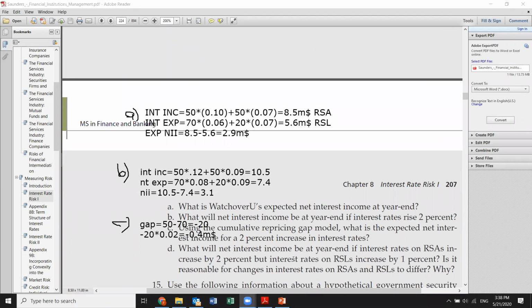What will the net interest income be at the year end if interest rate on rate sensitive assets increased by 2%, but interest rates on rate sensitive liabilities increased by 1%? Is it reasonable for the changes in interest rate of sensitive liabilities to differ, and why?